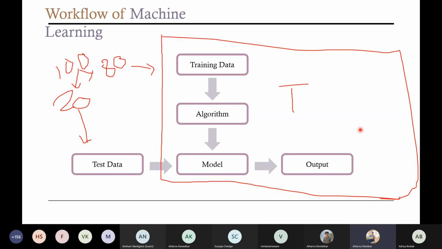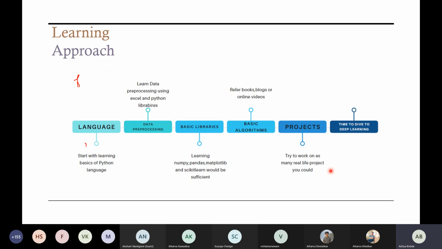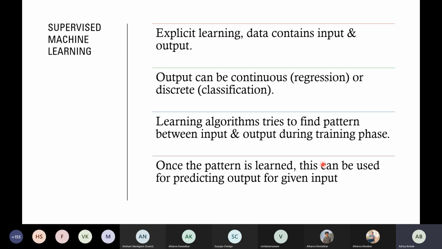What about that? And even in English there are lots of syllables and lots of words, so how is it possible that you would be able to cover each and every word and the model would be able to get a glimpse of it? That's why this is preferred, so that you can evaluate your models on it. And don't worry, this will come later on, and then you will know why exactly this is happening. So let's proceed. Now we have understood the learning approach, so we'll move forward.